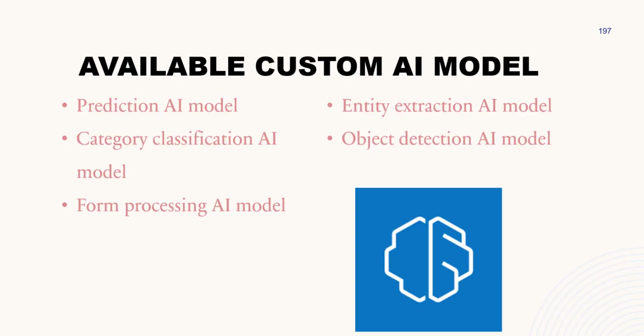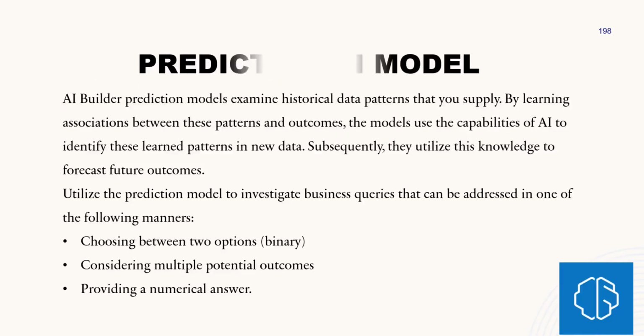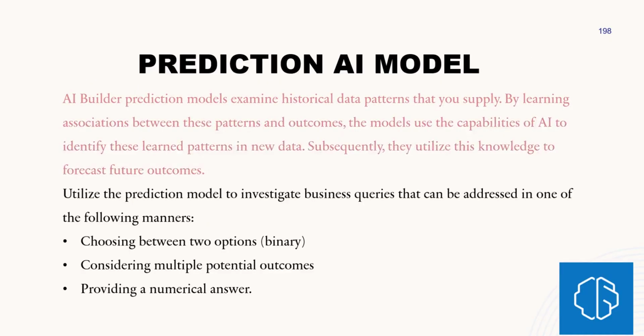So now let's first discuss the first custom AI model, that is the prediction AI model. So what is a prediction AI model? The AI Builder prediction model examines the historical data patterns that you supply. By learning the relationship between these patterns and outcomes, the model uses the capabilities of AI to identify these learned patterns in new data.